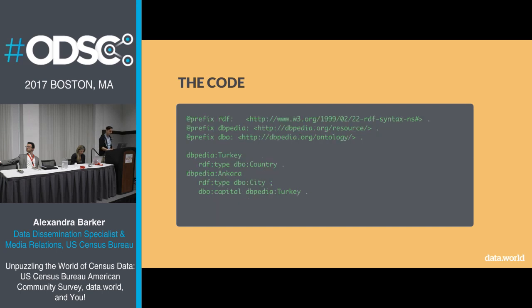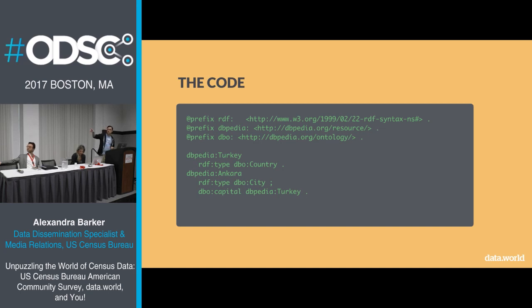You can actually make this a little bit cleaner with another format called Turtle, which is a different serialization. That stands for terse RDF triple language. And you just denote prefixes because I don't want to write out those namespaces each and every time that I'm going to use them. So I denote prefixes for RDF, DBpedia, and DBO. If you get more into this, RDF, DBpedia, DBO, these are well-known either taxonomies or resources out there that people are using on the semantic web.